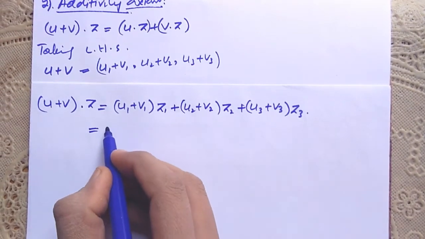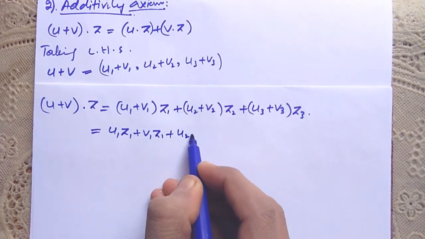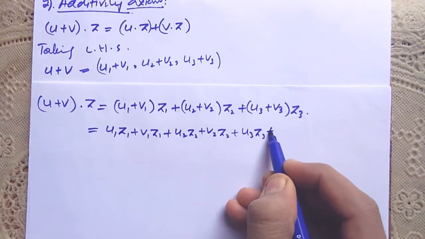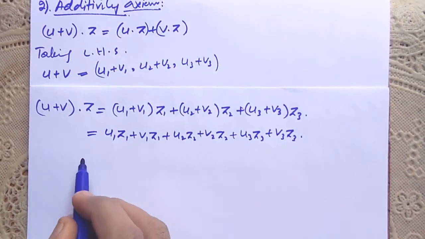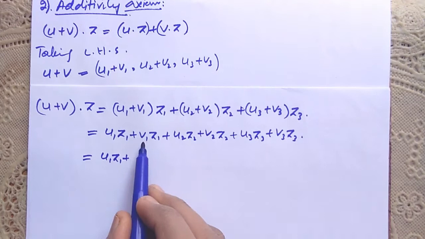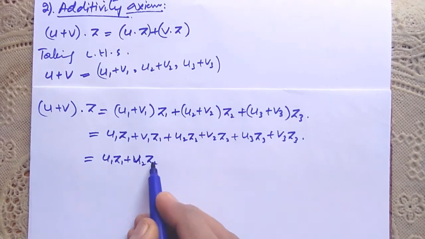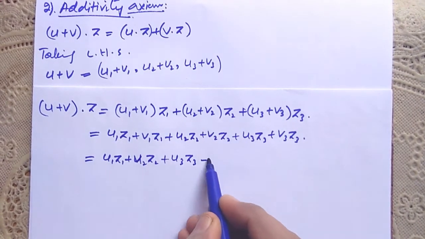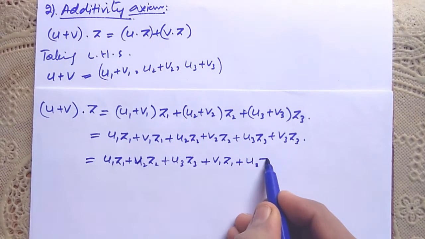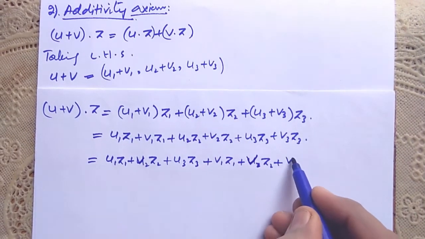So when we simplify it, we will have u1 z1 plus v1 z1 plus u2 z2 plus v2 z2 plus u3 z3 plus v3 z3. Now we can rewrite this expression as u1 z1 plus u2 z2 plus u3 z3, and plus v1 z1 plus v2 z2 plus v3 z3.